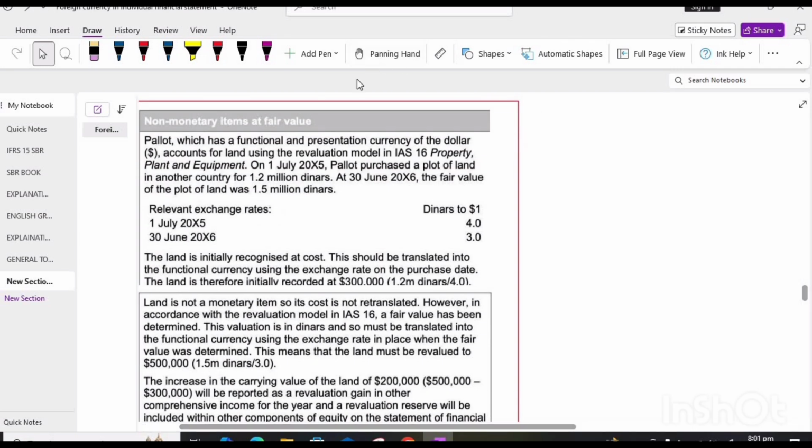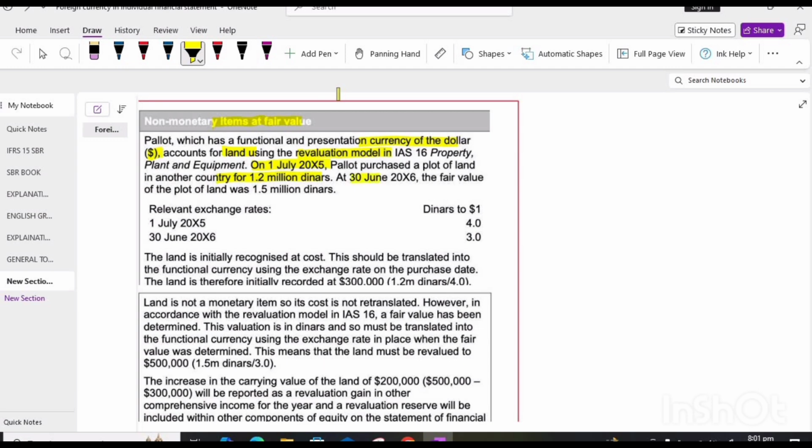Now what if there is a non-monetary item with a fair value? Then you have to retranslate it. Okay, so this is where the functional currency and presentation currency is the dollar. This is the functional currency. They account for the land, again using the revaluation model. And on 1st July 2005, we purchased a plot of land in another country for this amount.